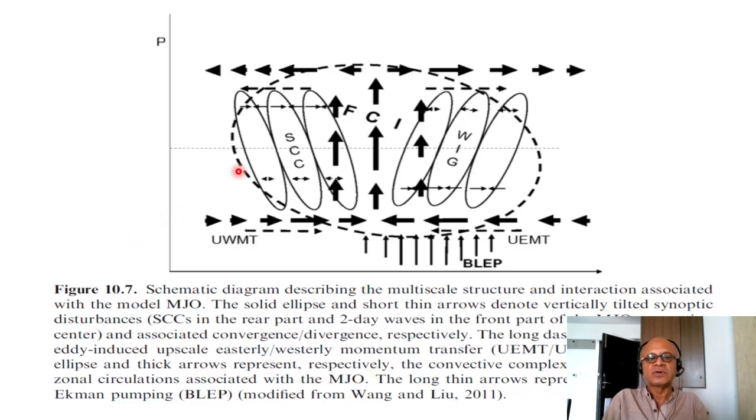So let's start with this figure, which is showing the larger scale MJO envelope that we talked about, with convergence in the lower level, divergence in the upper level.